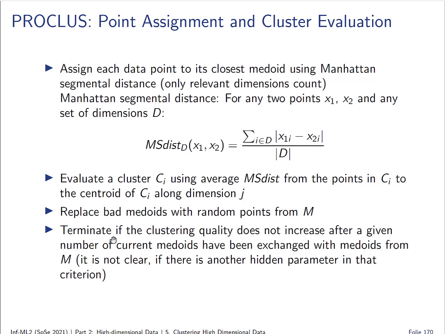And of course the termination is the same as in traditional k-medoid clustering algorithms: if the clustering quality does not increase after a given number of current medoids have been exchanged with new medoids from M. It's not clear if there is another hidden parameter in this criterion, because it asks how many we should use, or whether the quality has to increase or decrease more than a given threshold and so on.